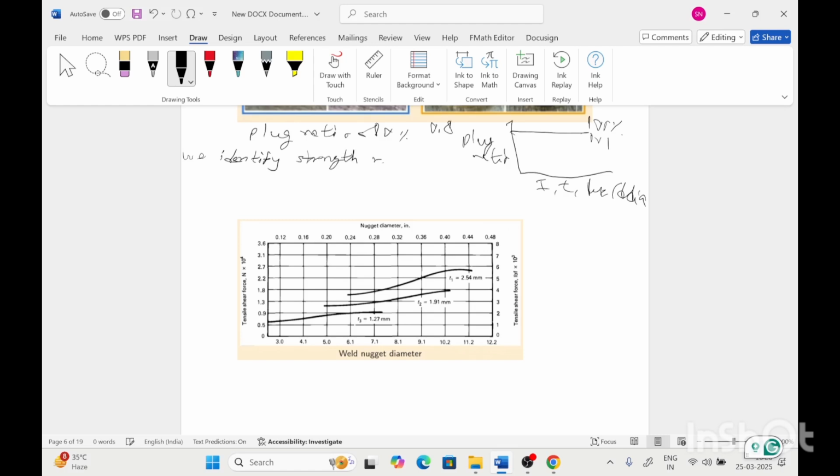It can break from the weld joint or from the base material, plus the plug ratio, meaning what plug size remains after the testing.